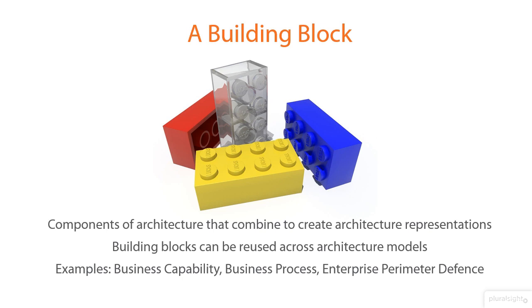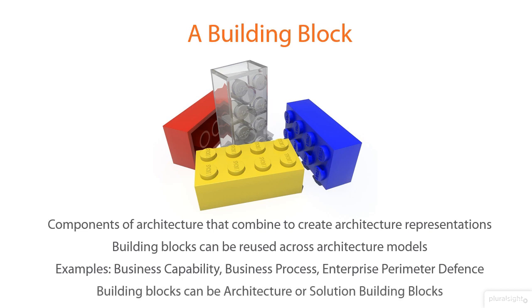Building blocks can be of two types. An architecture building block represents the conceptual and logical descriptions of reusable components of the architecture. A solution building block represents the physical instances that realize the architecture building block.